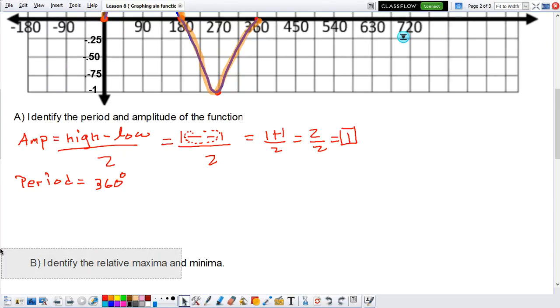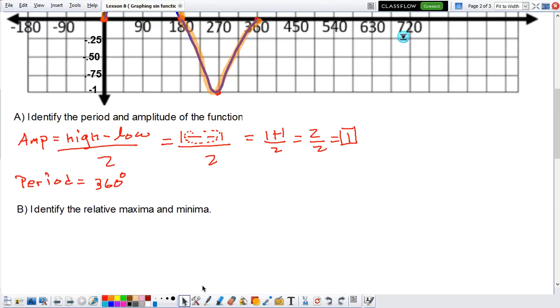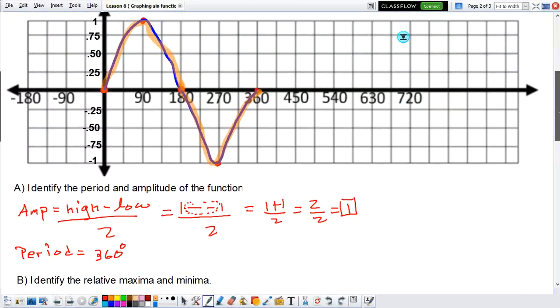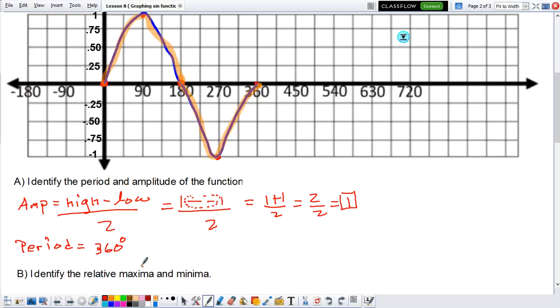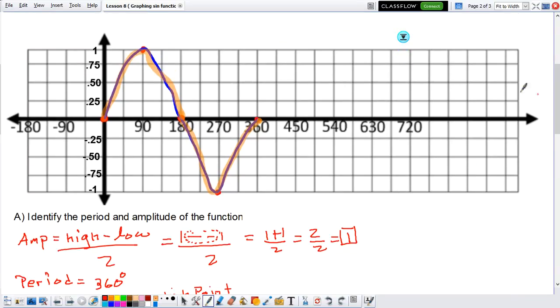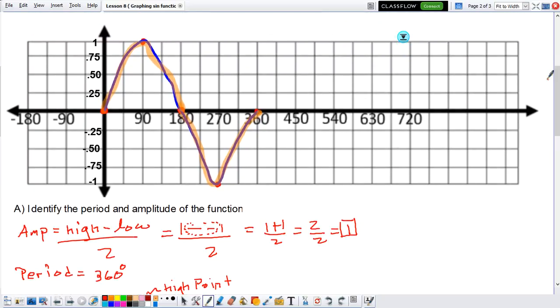Now, let's identify the relative max and the relative min. Now, what is the relative maximum? The relative maximum is basically the highest point. All right, so what's our high point maximum? So notice that here our highest point was 1. We're going to give the whole coordinate point.